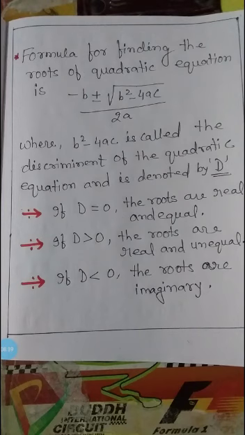If you want to use this method, first look at the quadratic equation, find the coefficient of x square and divide the whole expression by it. If it is 1, there is no need to divide. Then multiply and divide the coefficient of x by 2, and you will get the form a plus b square, and arrange accordingly.